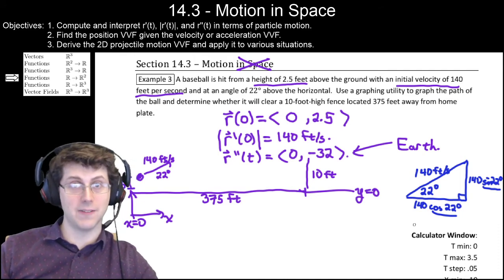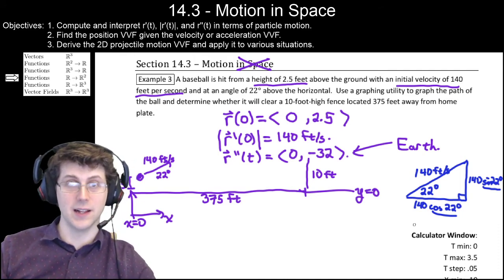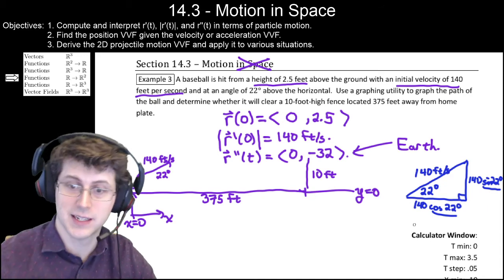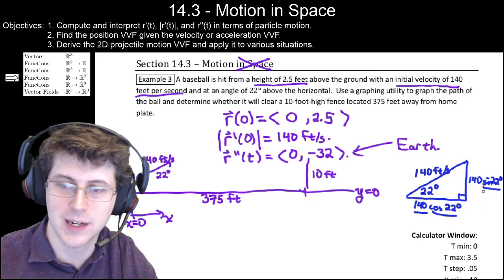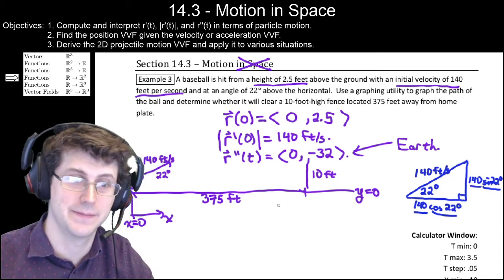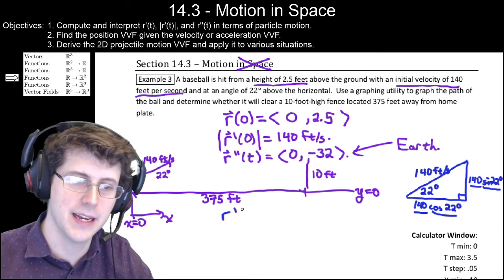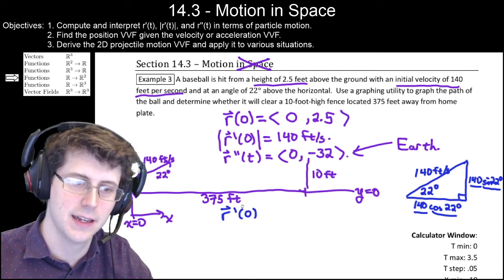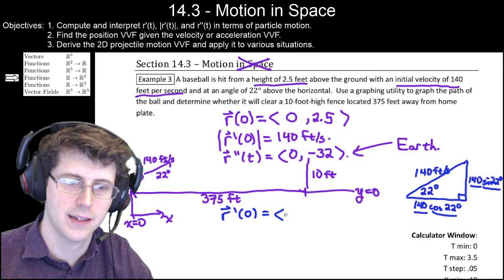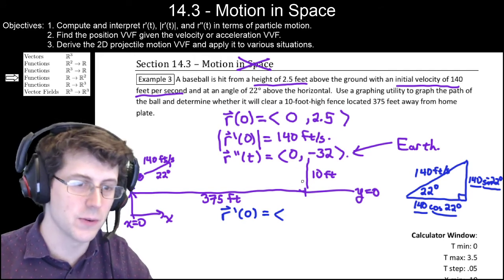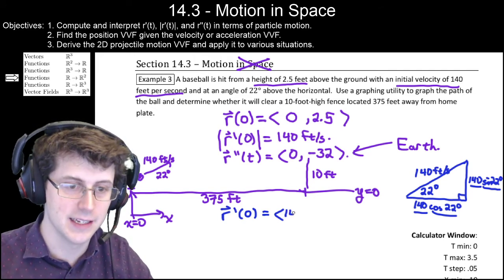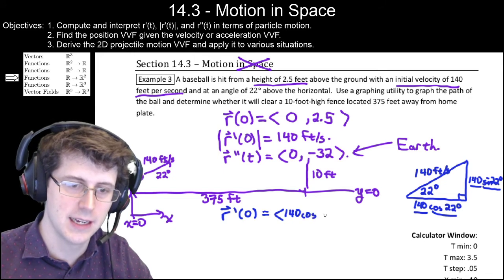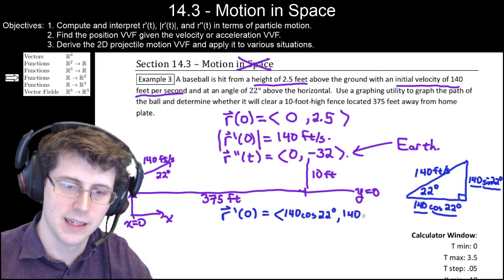I also know how far out I have to be. I have to scale it all up by 140. So I multiply both the x-coordinate and the y-coordinate by 140. So anyway, my initial velocity vector is, the initial speed was 140, but the initial velocity is 140 cosine 22 degrees and 140 sine of 22 degrees.